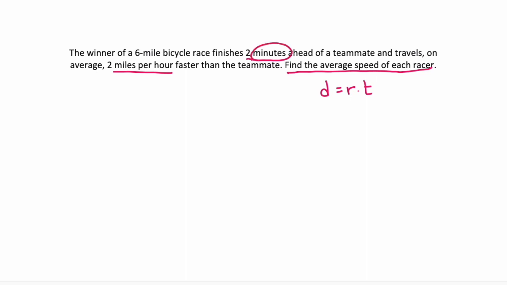We're told that the racer finishes 2 minutes ahead, so we need to convert that 2 minutes into hours. And 2 minutes is 2 out of 60 minutes in an hour, or it's 1/30 of an hour.